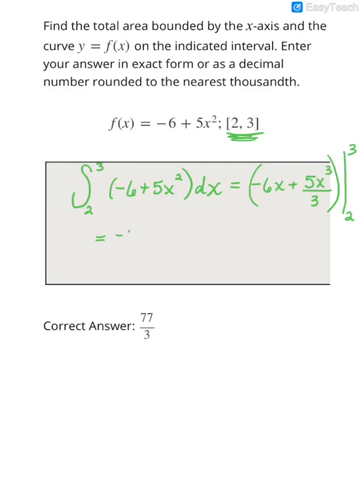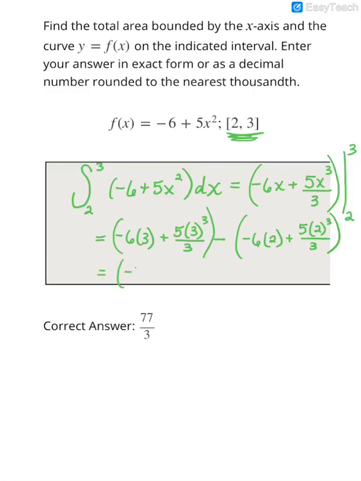So we'll have a -6 times 3 plus 5 times 3 cubed over 3. And then we're going to have to subtract a -6 times 2 plus 5 times 2 cubed over 3. So here we're going to have a -18 plus 3 cubed would be 27.